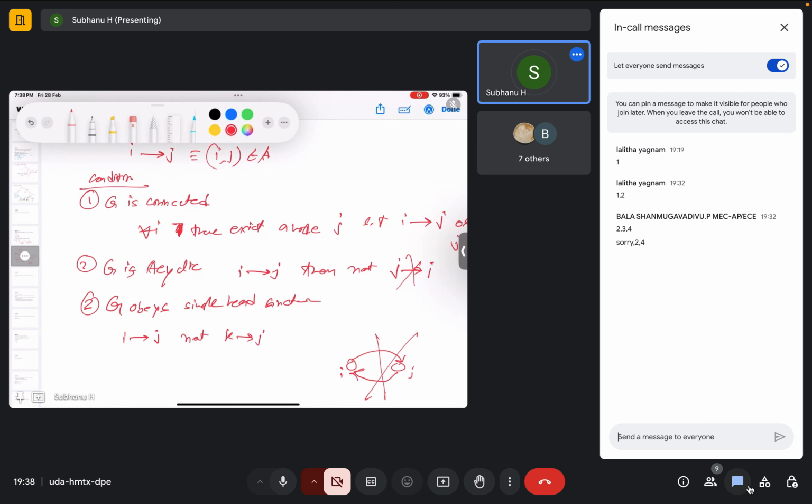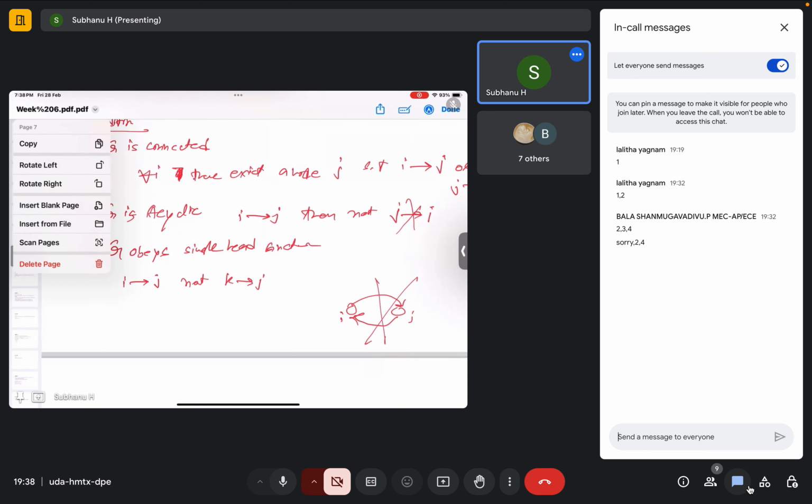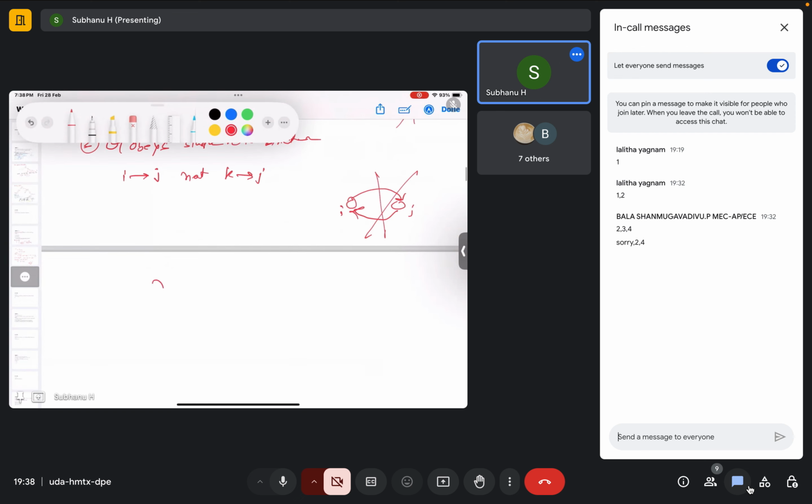So this is I, this is j, this is k. If there is an edge from I to j, then there should not be a case like this. This edge should not be there. There should always be a single head.